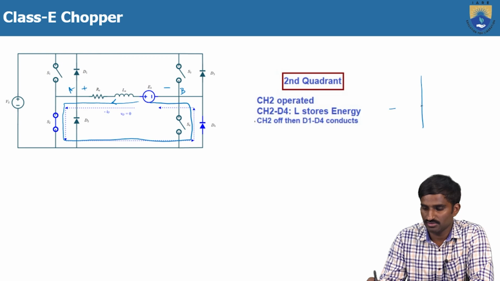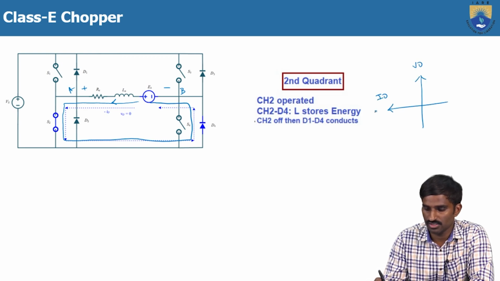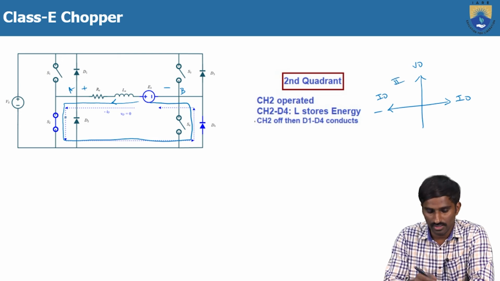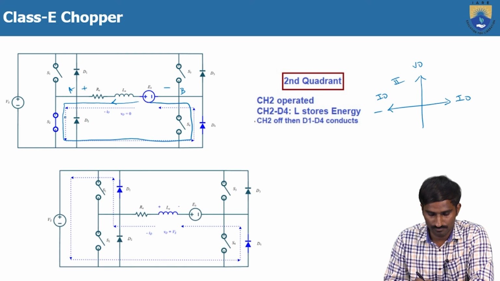So again, this is V0 and this is I0. This is minus I0 and this is plus I0. V0 is positive but I0 is negative, which means this is the second quadrant operation. Then now we are turning off switch S2.